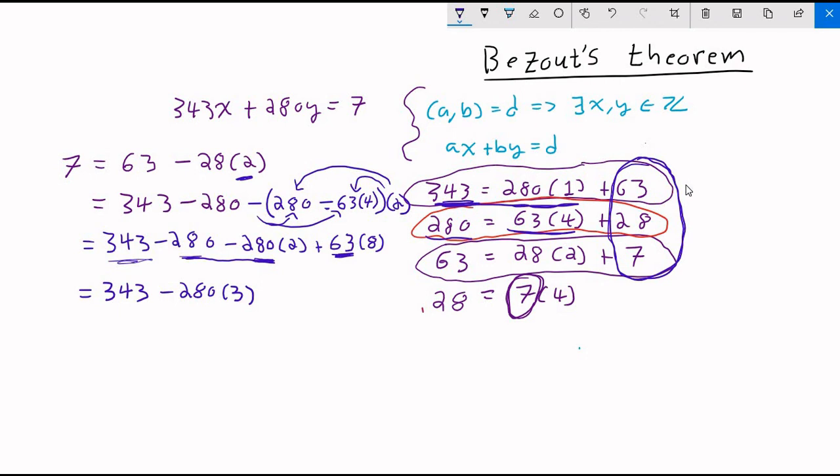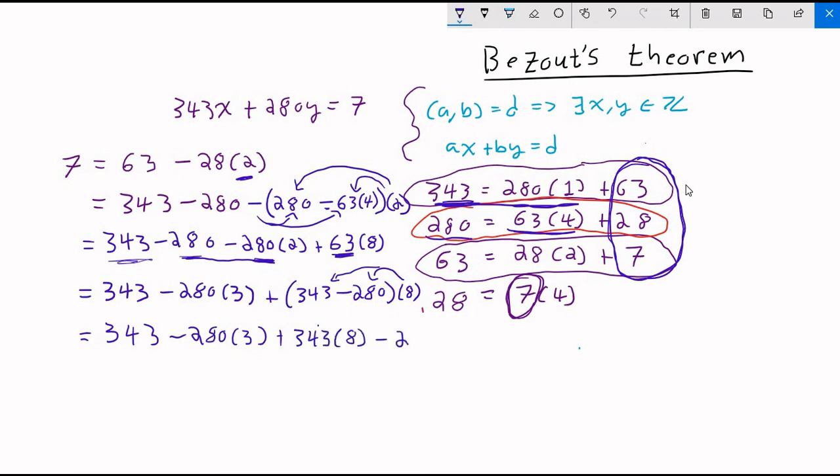So 63 is equal to 343 subtract 280. Now, multiplying 8 into these parentheses, but again, not simplifying, I'm going to get 343 minus 280 multiplied by 3 plus 343 multiplied by 8 minus 280 multiplied by 8.